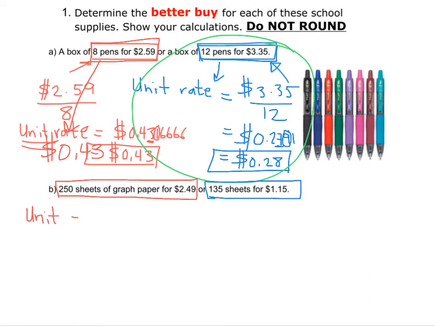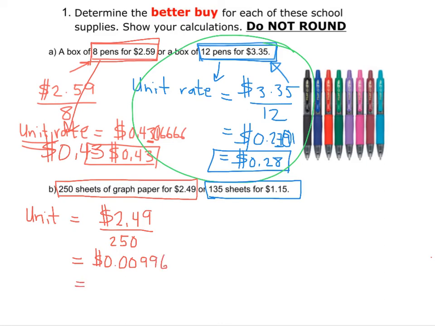Each unit over here, or each sheet of paper in this case, is going to cost, well, remember, you always put the price at the top, and this is just a proportion or a rate, and you're going to divide by 250 sheets. When you do this, you're going to get 0.00996.